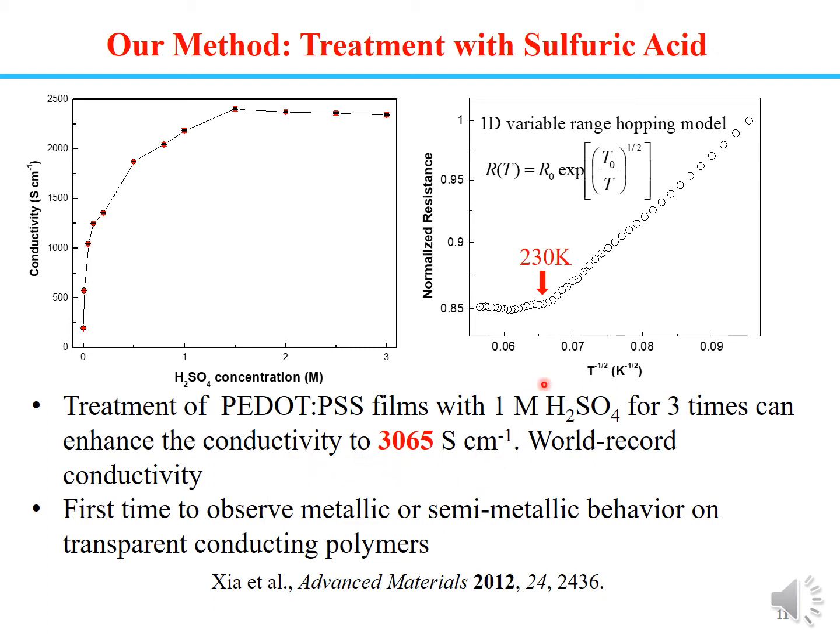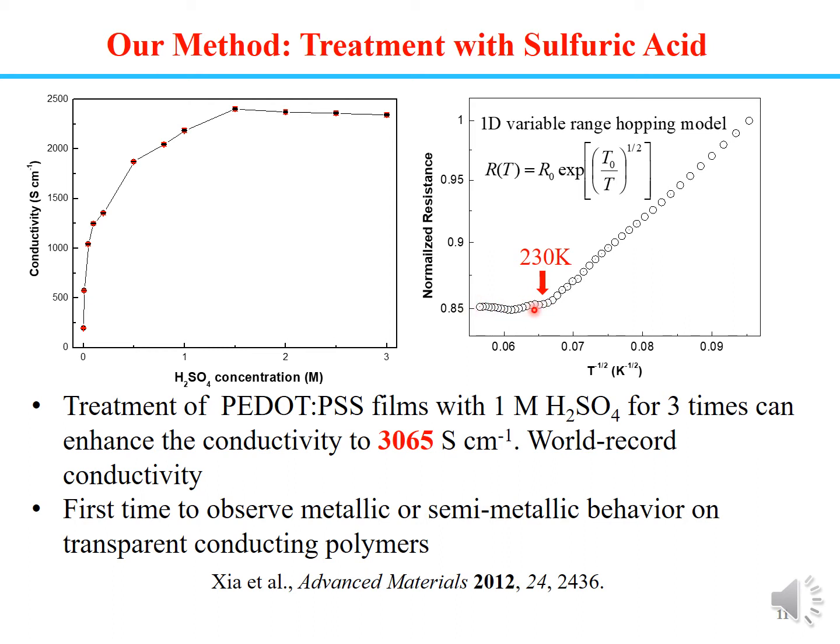We also studied the charge transport mechanism by measuring the resistance with the temperature. When the temperature is below 230 K, the charge transport follows the one-dimensional variable range hopping model. But when the temperature is higher than 230 K, the resistance becomes insensitive to the temperature.